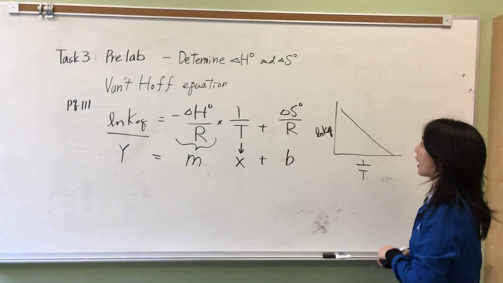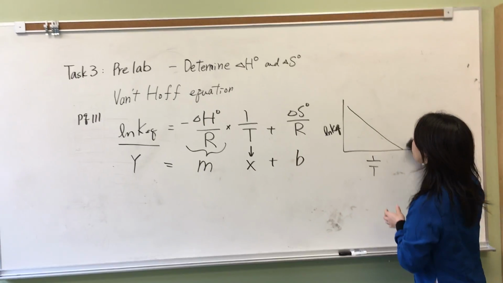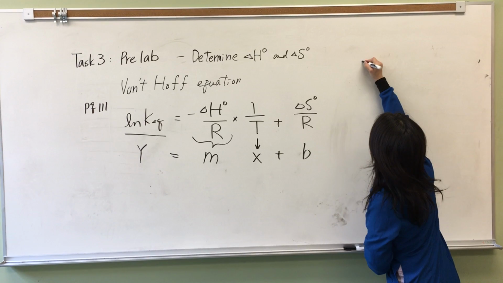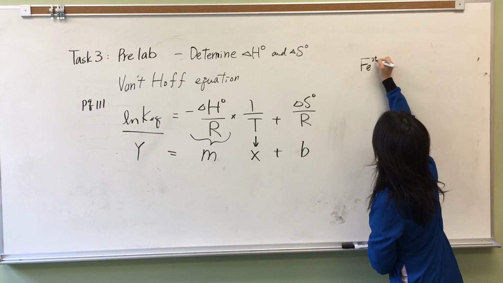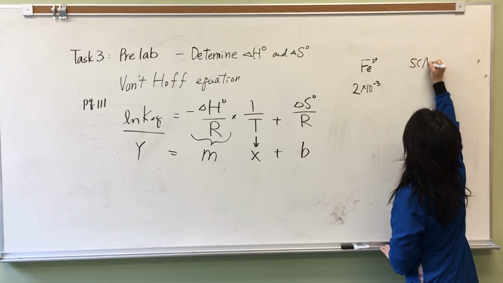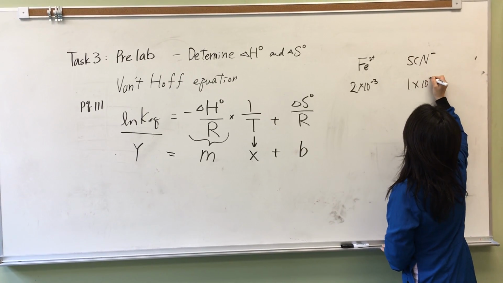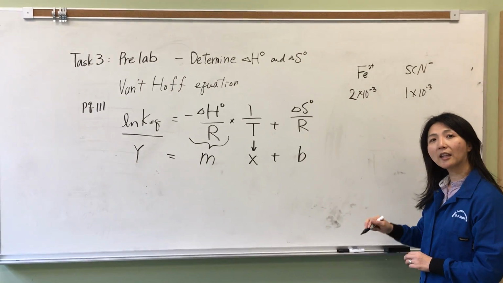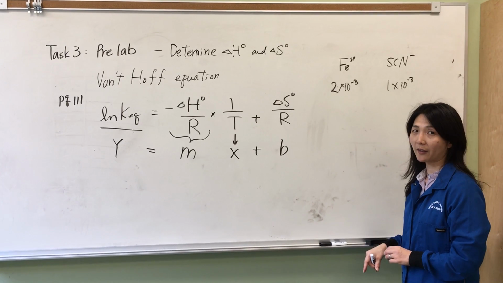Then how we're going to do it is that we're going to prepare the iron at 2 times 10 to the minus 3, and thiocyanate at 1 times 10 to the minus 3. The lab manual says you should use the concentration that gives you an absorbance of 0.5.